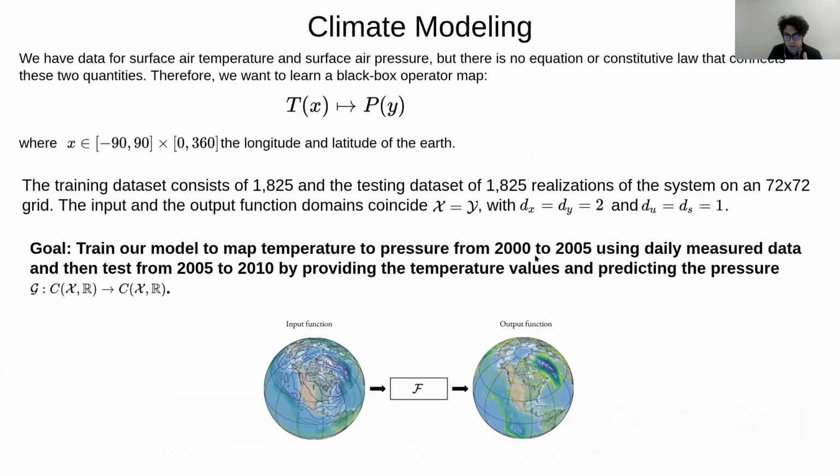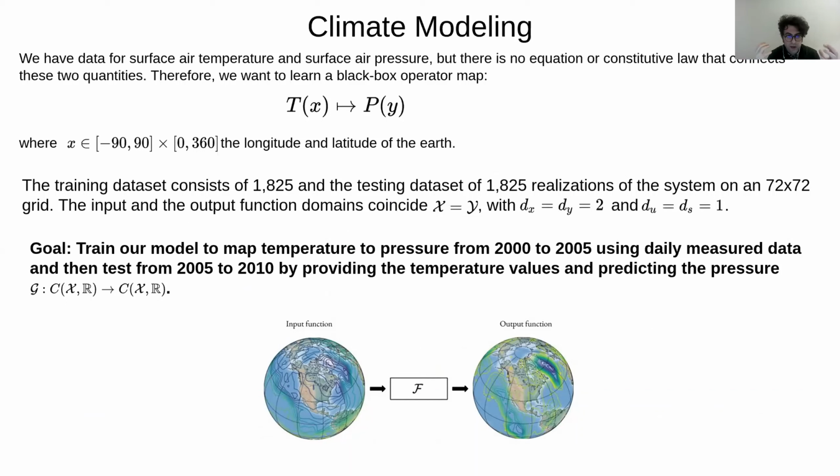The second example in generalization is a climate modeling example. These black box operator learning methods are useful because essentially you can map to different parameters where there might be no equation, right? So we have an input function of temperature over the Earth, daily temperature over the Earth. And then on the other hand, we have pressure: surface air temperature and surface air pressure.